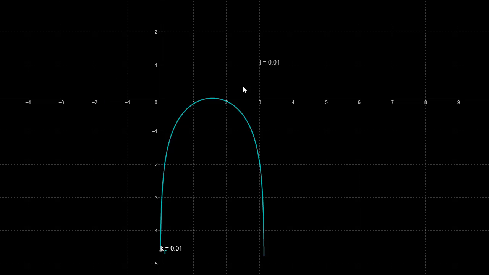Okay, so we're starting at t equals 0.01, and we're going to let it cruise around, and you'll see the k. So here, when t is equal to 0.01, our k is equal to 0.01. And as time goes on, we see that here the curvature jumps up to about 1 and then starts to decrease again. Okay, and then whoop, gets down to really low values.